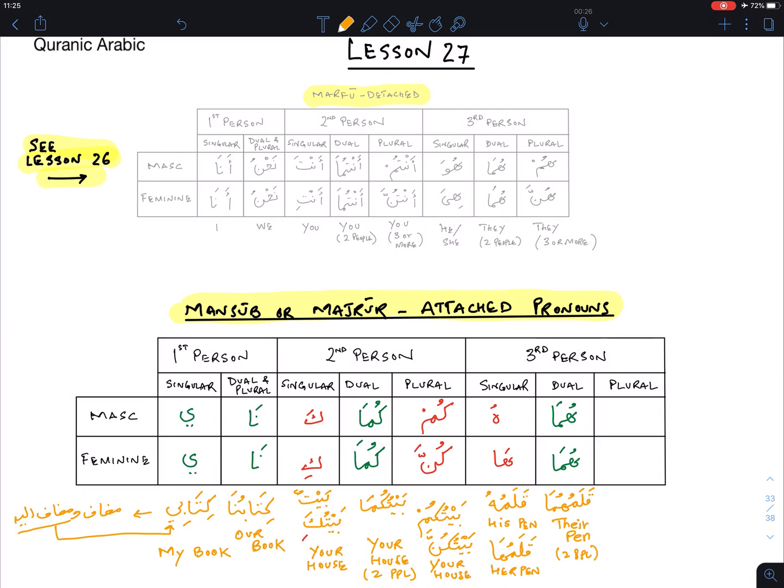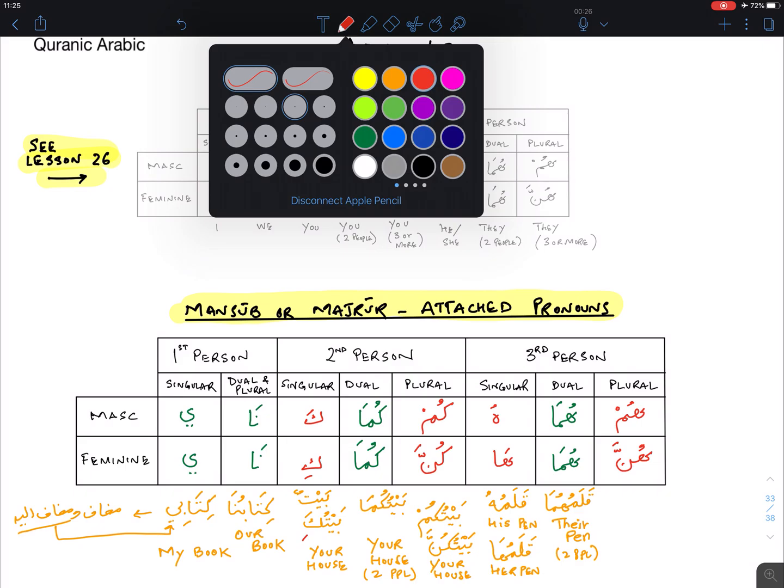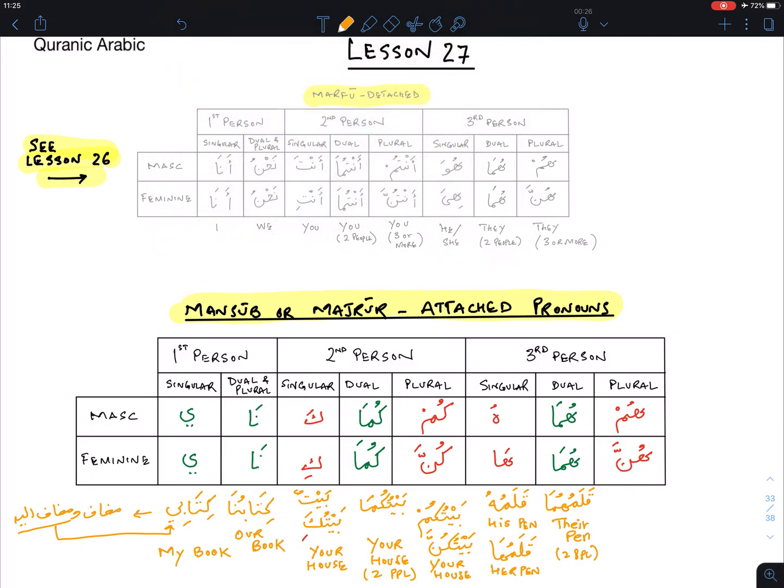And finally, in the plural case, third person, there are different terms. For masculine is hum, and for feminine is hunna. Let's go through with our examples here. So it's qalamuhum.